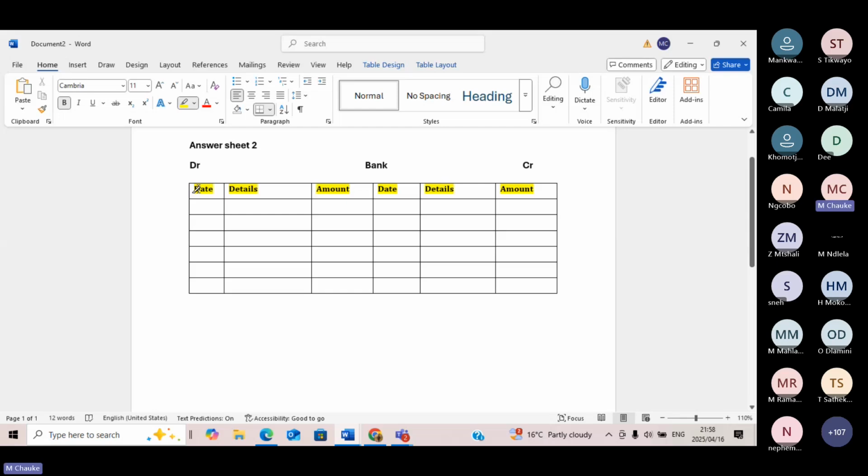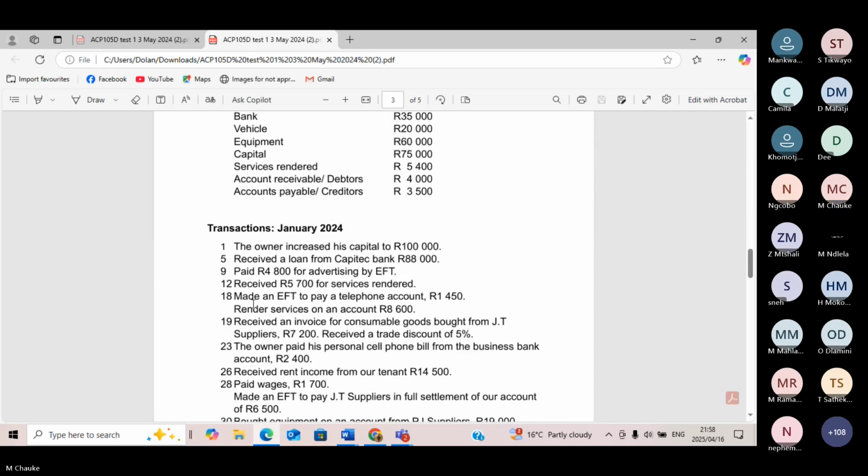So this is how the T form format must look. Okay, now let's go to transaction number 1. Let's say this is a bank account, and let's see what they are saying in transaction number 1. Are you all there? Hello, are you still there?